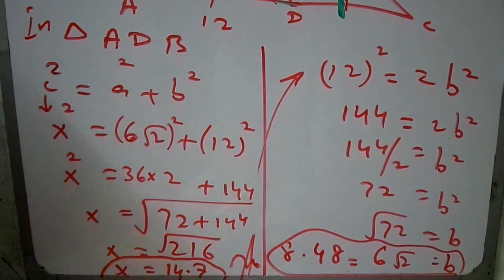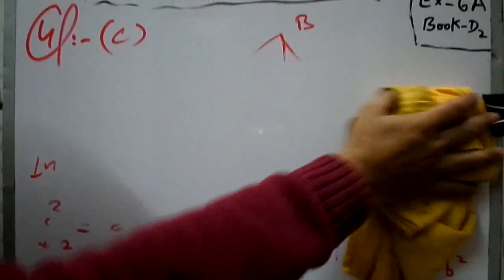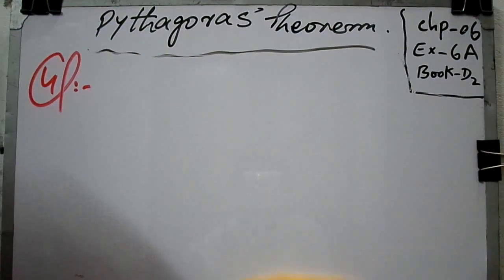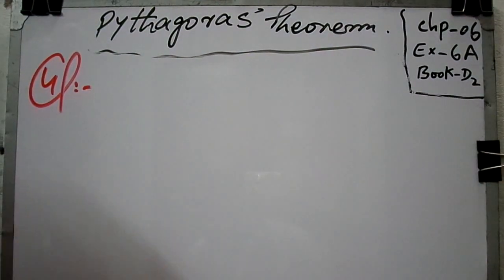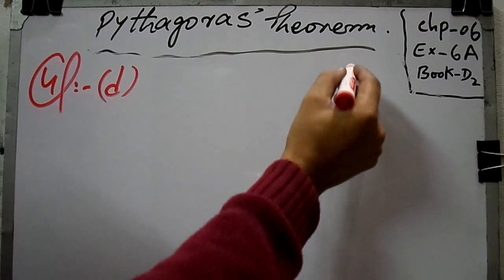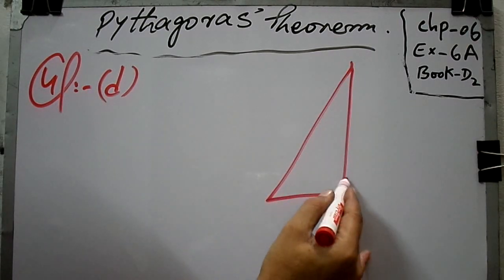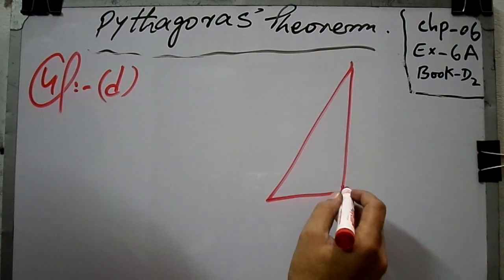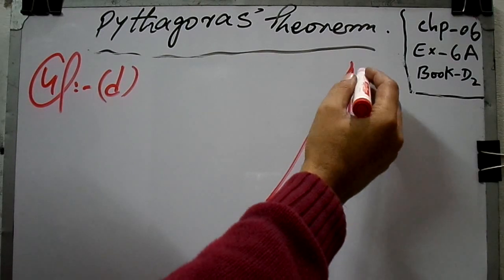Similarly, coming to the D portion, you can see another triangle just like this. You can see here that is a 90.